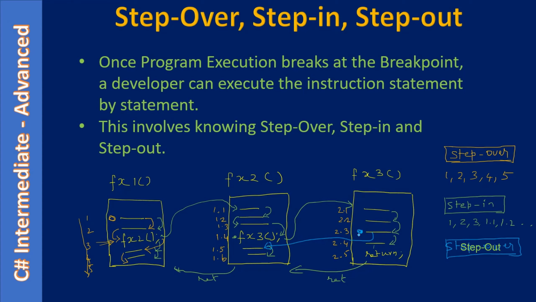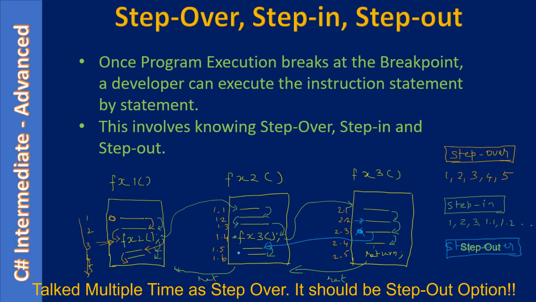Even if there is no breakpoint, and your current execution line stays here, where fx3 is called in this line, when you opt for step over, the execution flow directly reaches the line after the fx3 call in the calling function. That means it executes all the remaining statements in a single go, reaches here, and waits. If you make a call to step over again from this point, it will directly go and reach this line.